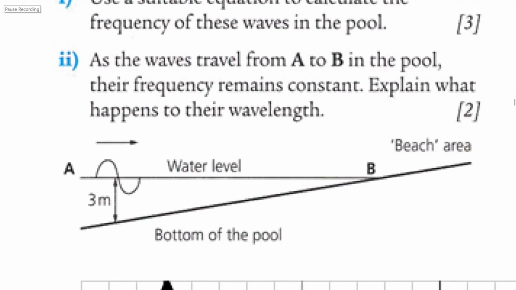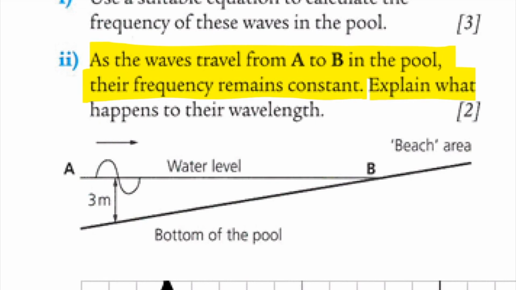B part 2 requires a bit more thinking because you've got to make 2 connections. I'll just read it first of all because it's quite a tricky question. As the waves travel from A to B in the pool, the frequency remains constant. Explain what happens to the wavelength. Well, as we're going from A to B, left to right, the depth decreases.